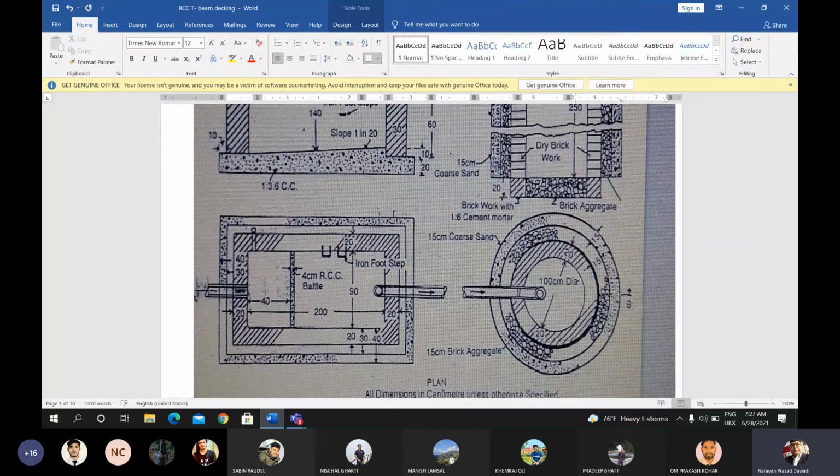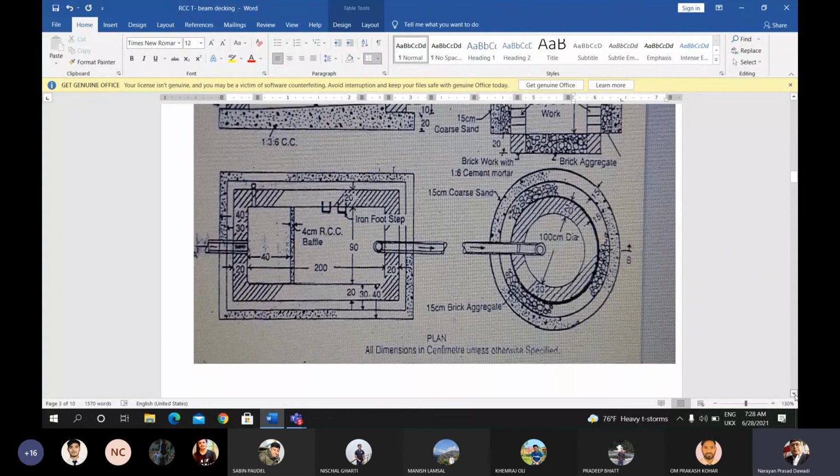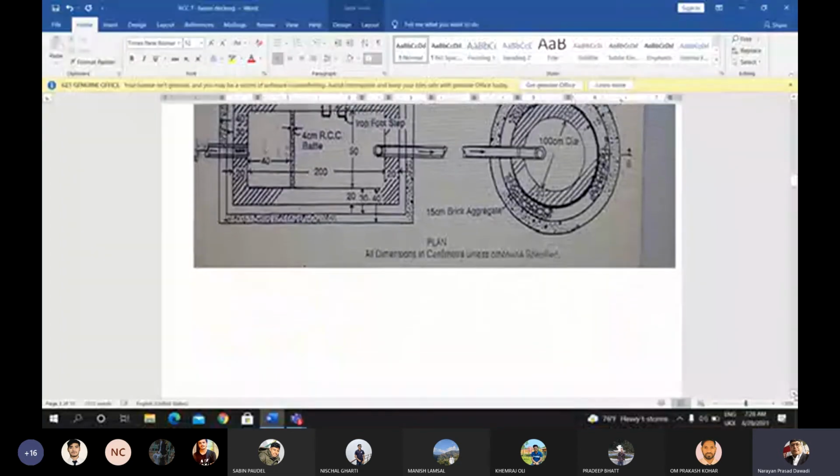Total width will be 170 centimeter, that is 1.7 meter. So you have to dig the trench of the length of 2.8 meter and the width of 1.7 meter. You can see from here, for the calculation of the earth work in excavation for the septic tank.